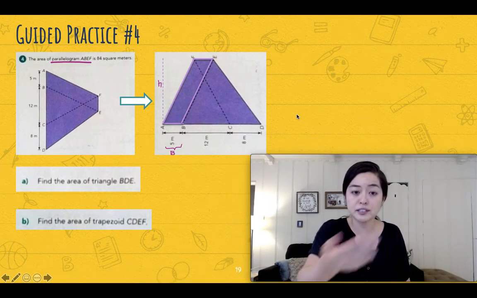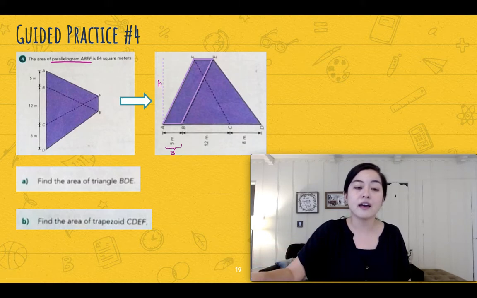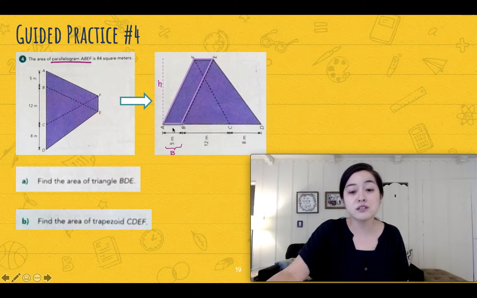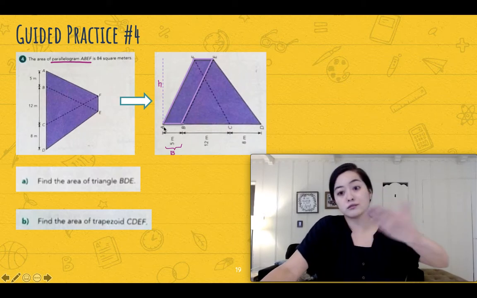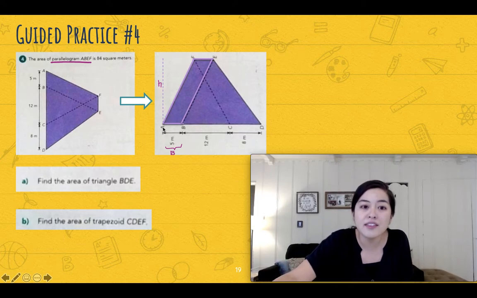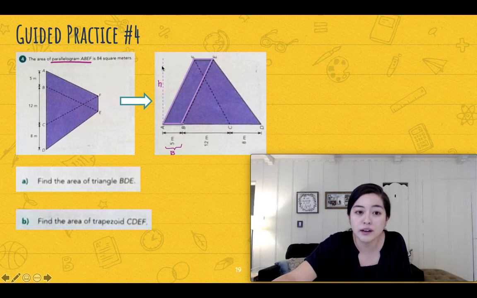I just flipped it like this, and they tell us that the parallelogram ABEF, which is denoted here as a light purple outline, has an area of 84 square meters. We can just say this is the base, because it's on the ground, and then this would be the height of the parallelogram.